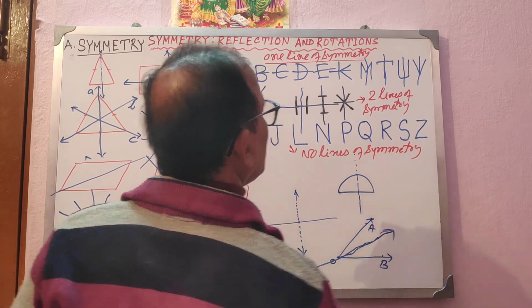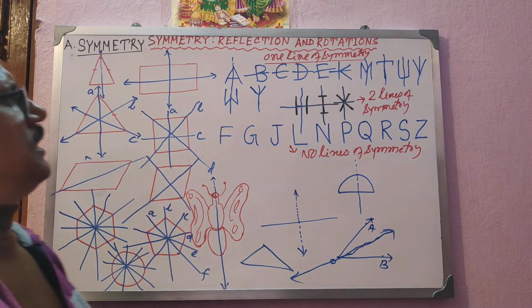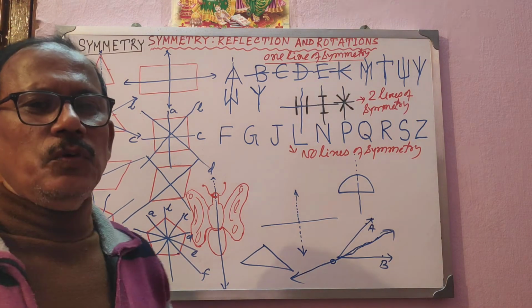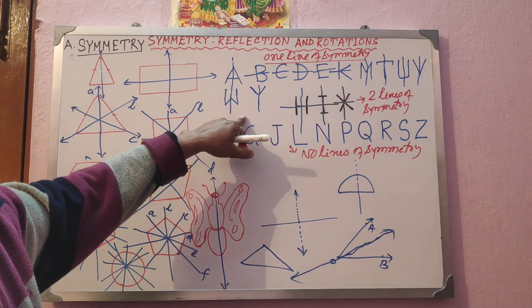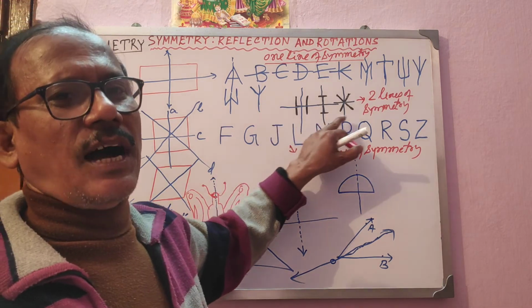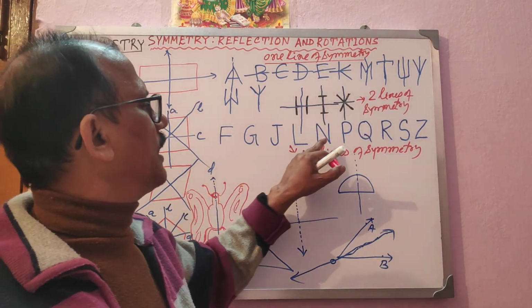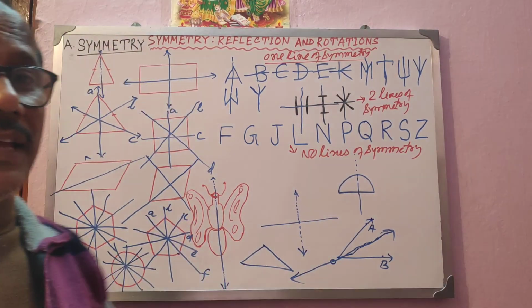Could you understand? In English letters, these all will be there. So A, B, C, D, E, K, M, T, U, V, W and Y will have one line of symmetry. H, I, X will have two lines of symmetry, and F, G, J, L, N, P, Q, R, S, Z will have no lines of symmetry.